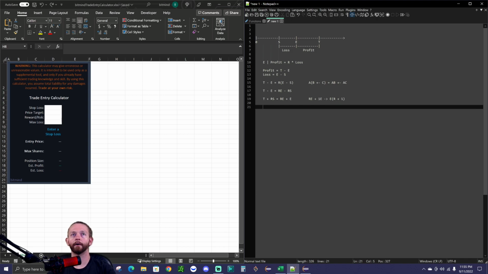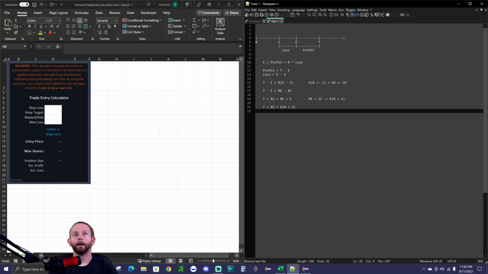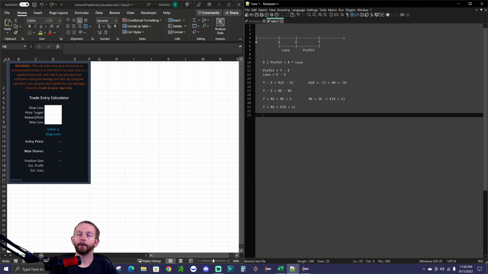Okay, so now what we have is T plus RS is equal to E times (R plus 1). And now to isolate E, all we have to do is divide by R plus 1.